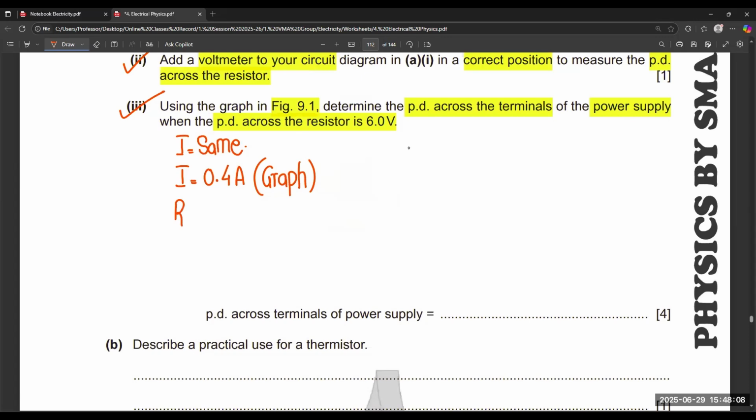Voltage of filament, voltage of resistor, voltage of thermistor, and the total voltage or EMF: 3 plus 6 plus 9. Final answer: 18.